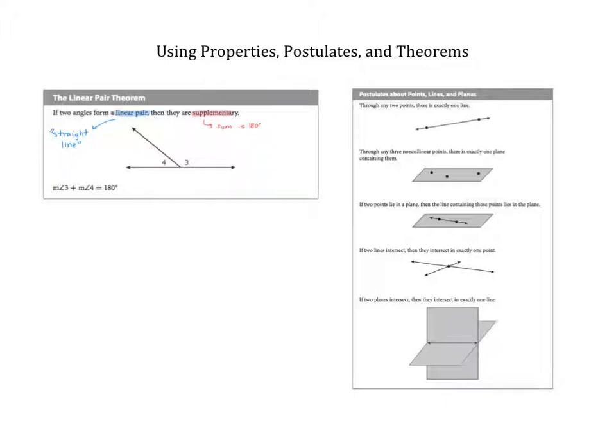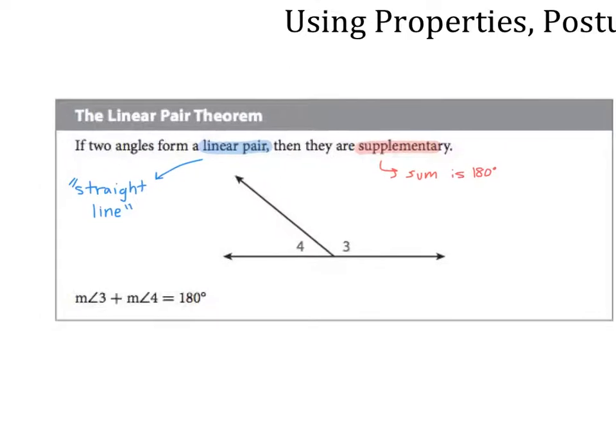So now we're going to talk about how we can use properties, postulates, and theorems to help us prove that something is true. So here's a new one that I want to make sure you guys know. This is the linear pair theorem. This theorem states that if two angles form a linear pair, which means essentially they make a straight line together, then they are supplementary, which again means that their sum is 180 degrees.